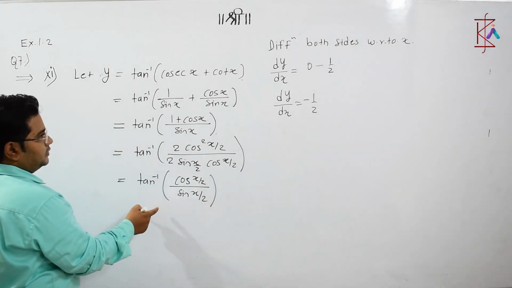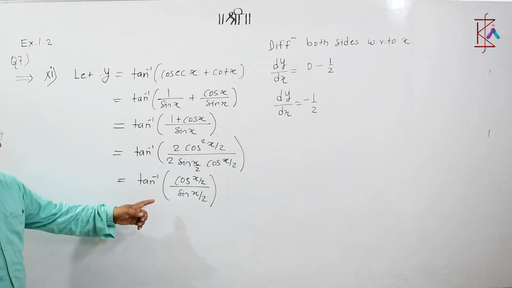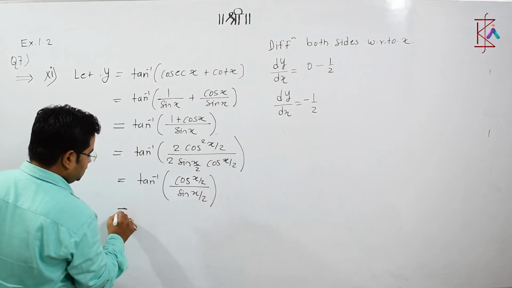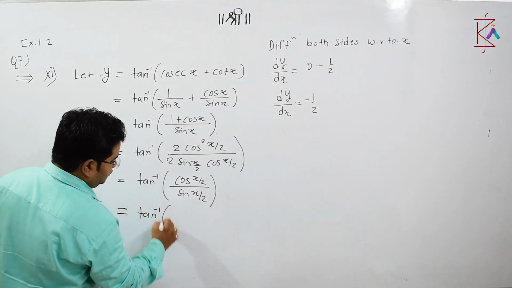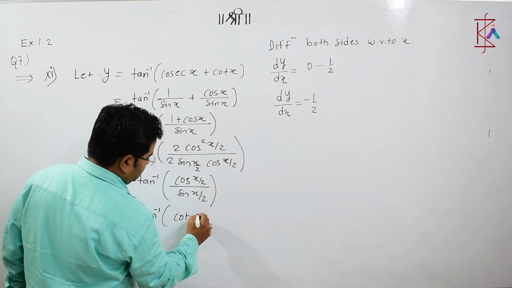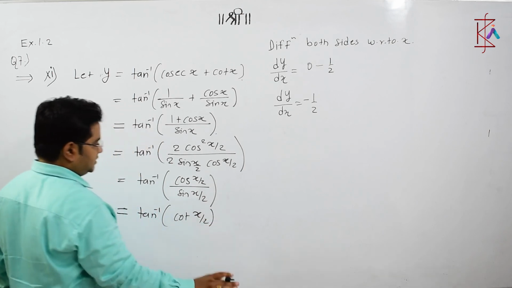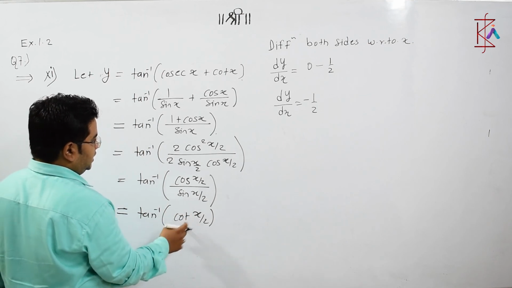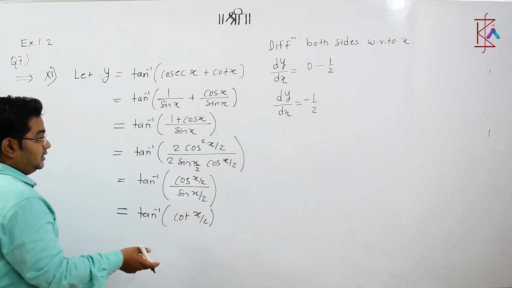Just look at it properly. This will be equal to tan inverse of cot x by 2, accepted.